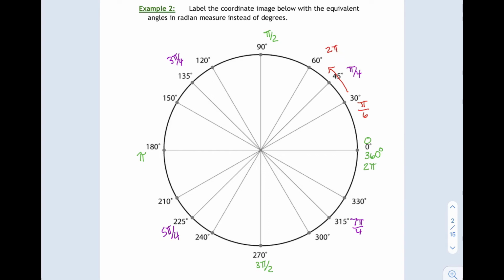So 60 degrees is going to be 2 pi over 6, another 3 pi over 6, 4 pi over 6, 5 pi over 6, 6 pi over 6, 7, and so on and so forth, just counting by pi over 6s.